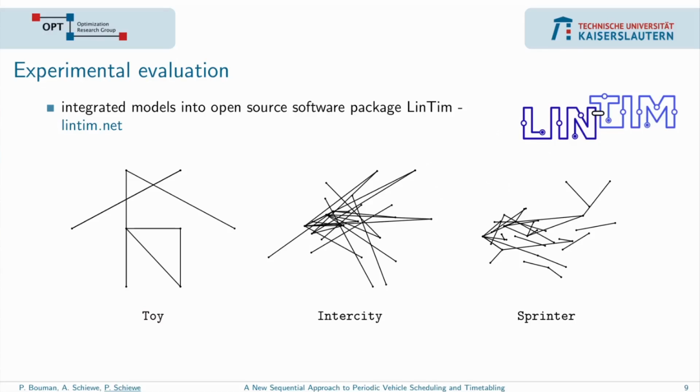What we see here are the line graphs for these 3 instances. We started by computing all the circulations for these networks for our given circulation restriction, and then adding a vehicle schedule and a timetable for evaluation.